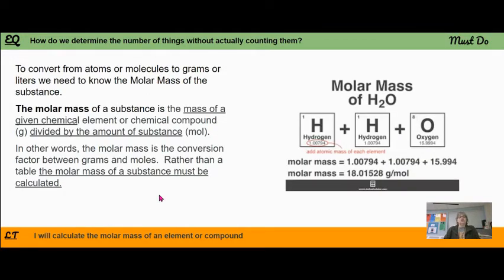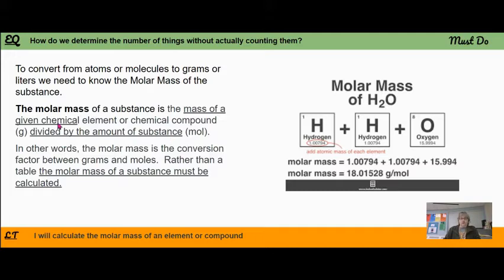To convert from atoms or molecules to grams or liters, we need to know the molar mass of the substance. The molar mass of the substance is the mass of a given chemical, whether it be an element or a compound, divided by the amount of the substance.